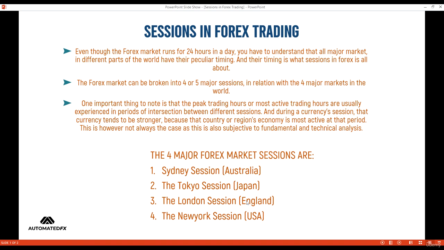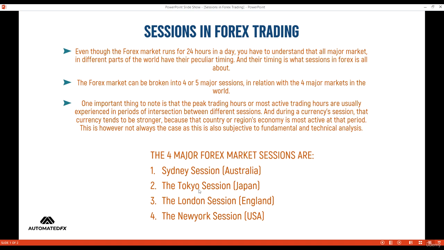Now, the London session tends to affect the Great Britain pound. But we also see that the London session usually affects the euro, because they are located geographically close to each other, all in Europe, and they behave alike.